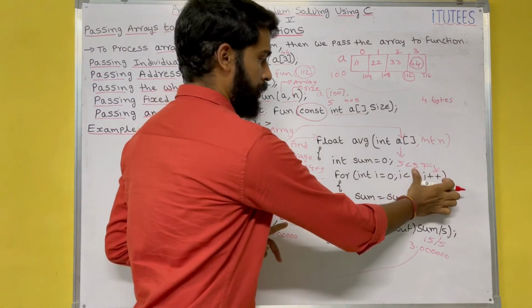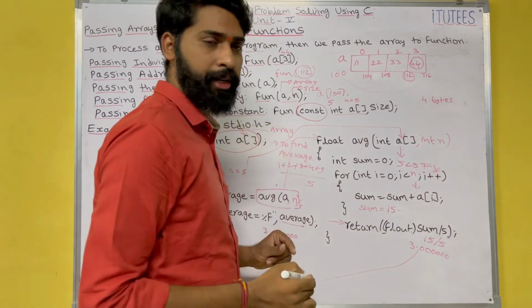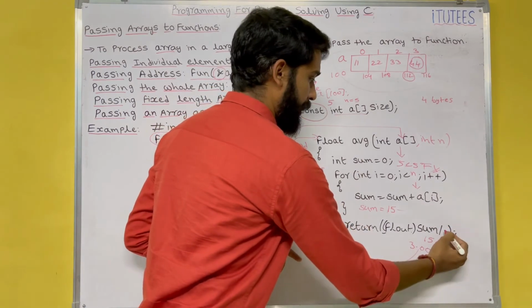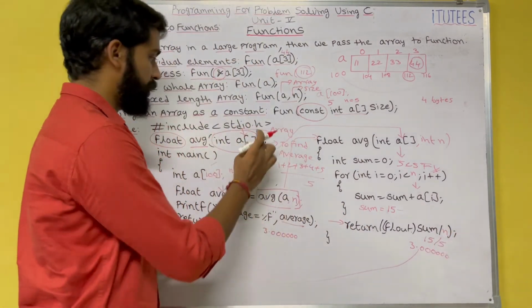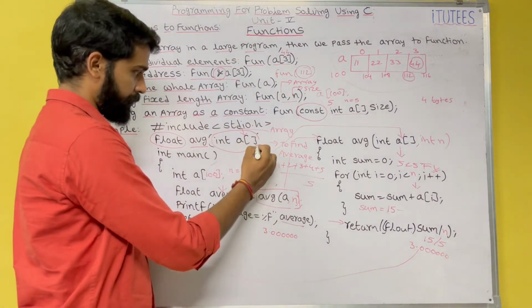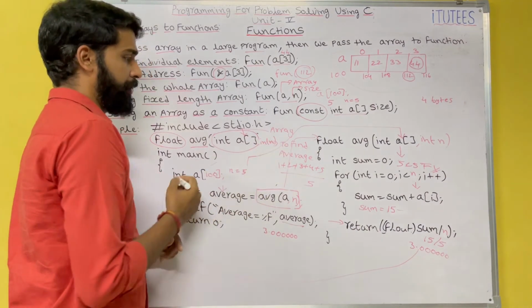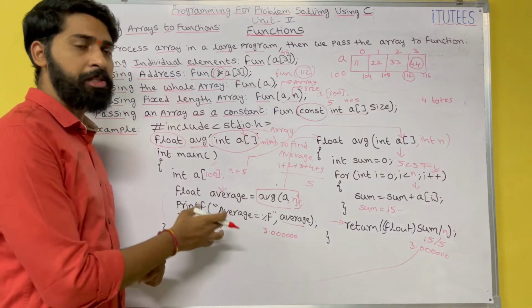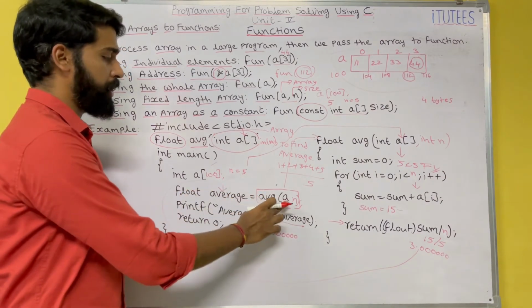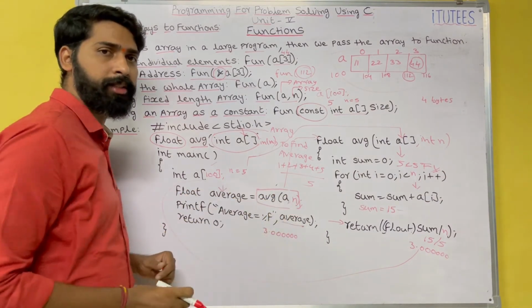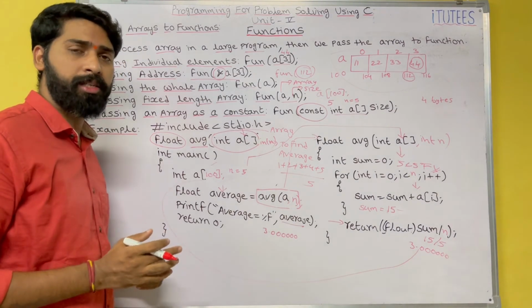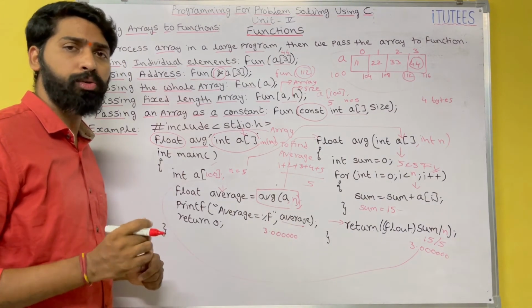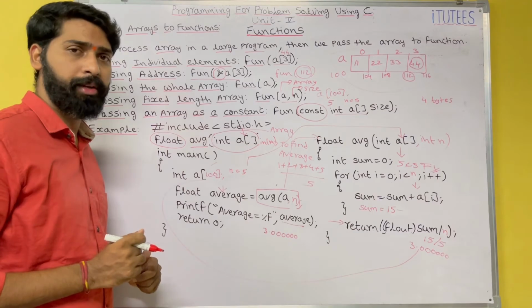Now instead of 5 I write n, and change the declaration also, comma int n. We see the exact program when we execute these two programs. In this way you pass fixed size arrays. I hope you all understand how to pass an array to functions in C programming.